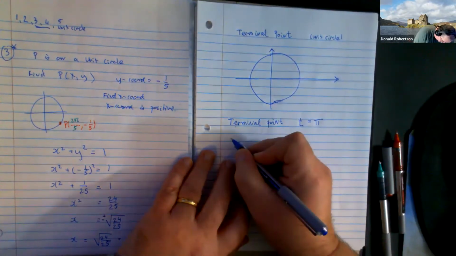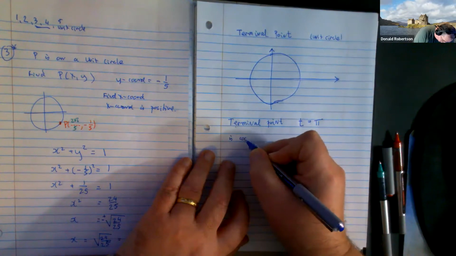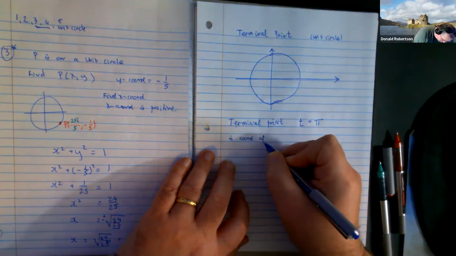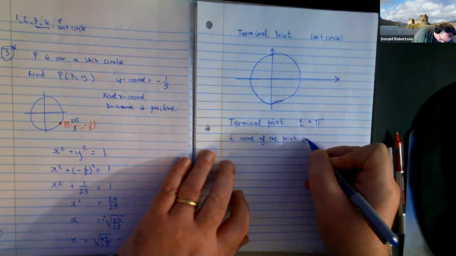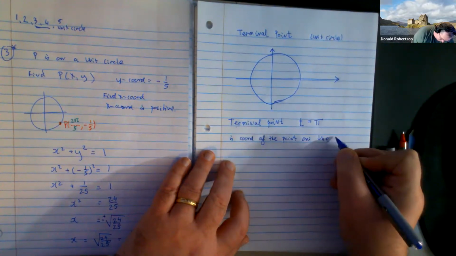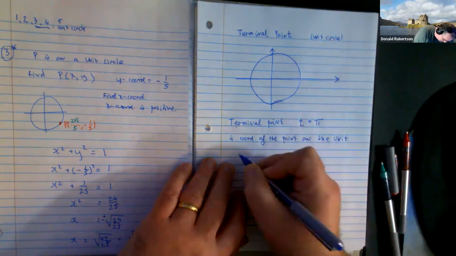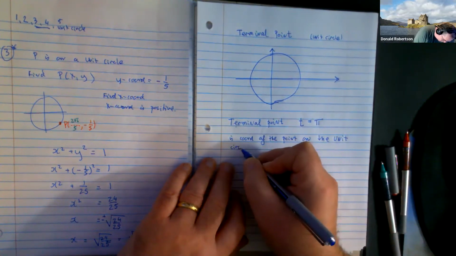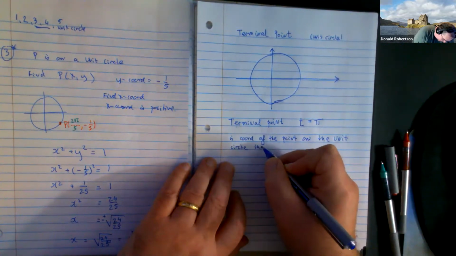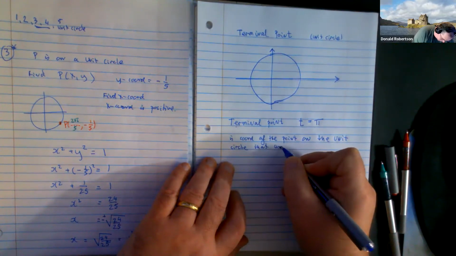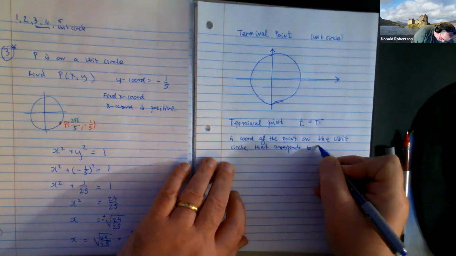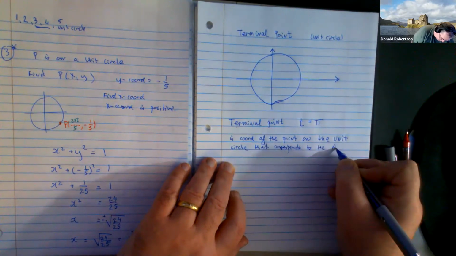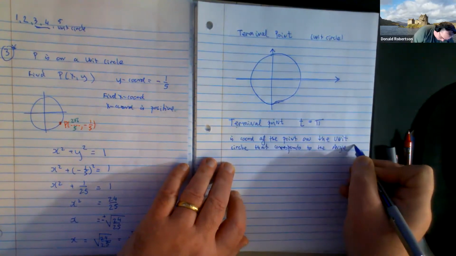The terminal point is the coordinates of the point on the unit circle that corresponds to the angle pi.